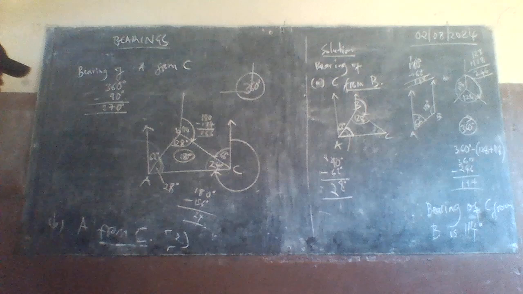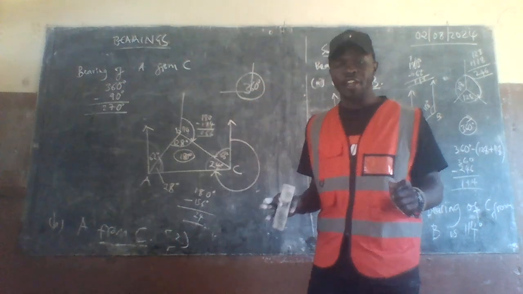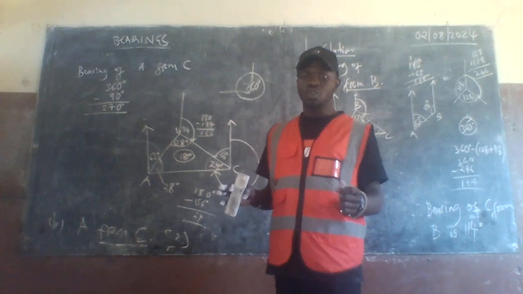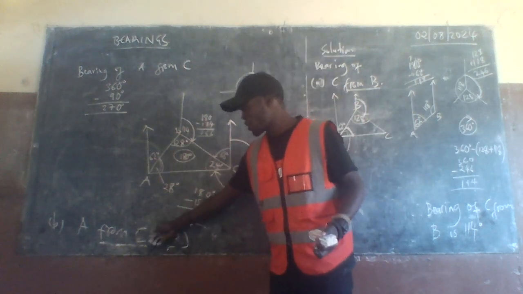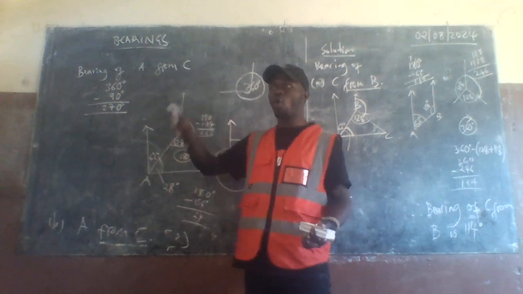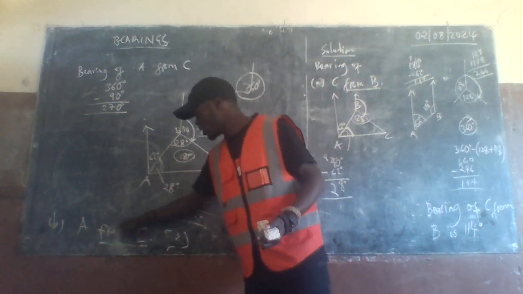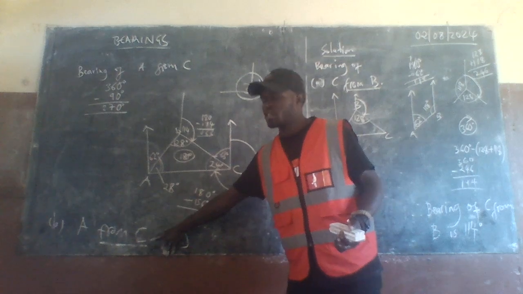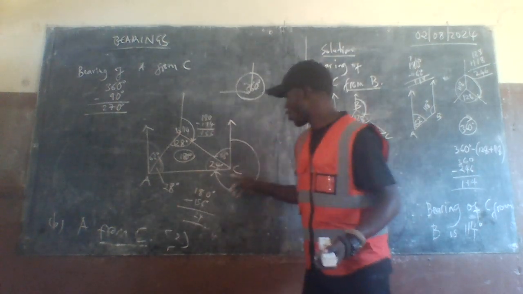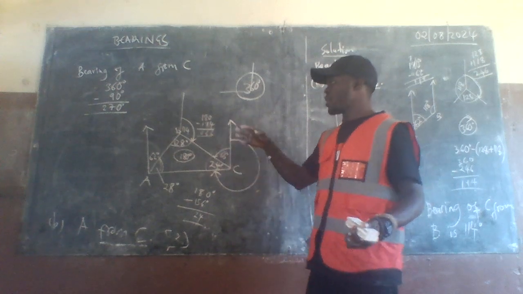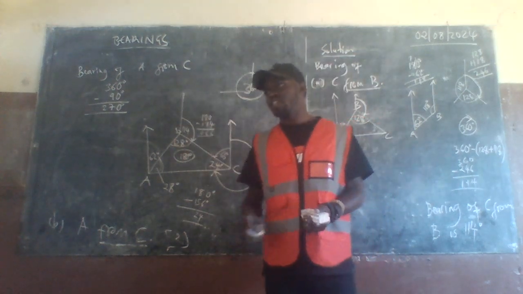So that is how we deal with bearing. When you're given a bearing question, you should know where the from is. The from guides us where to go and draw a knot. So whenever you have a bearing question, target the from part. That's where you draw a knot. So A from C, you go on the C, you draw a knot. A from B, you go on B and draw a knot. Just like that.